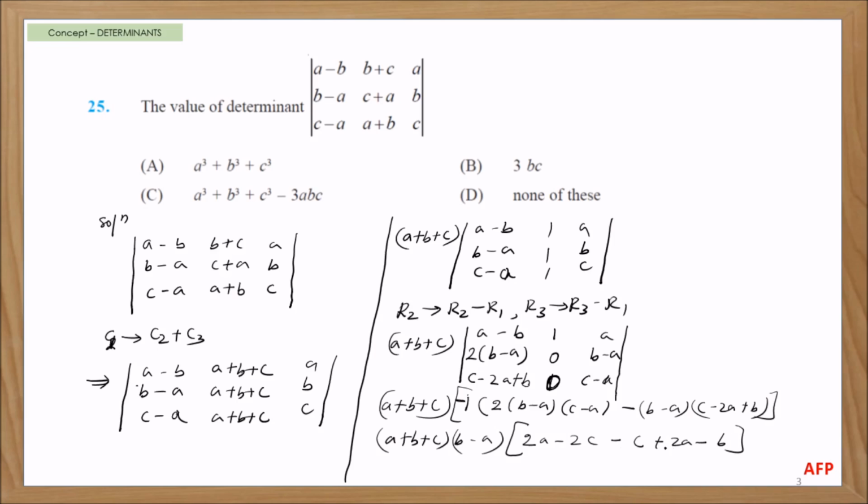This implies a plus b plus c, 2a 2a 4a you will get, and minus b, minus c you will get. Is it clear? So this is what we got, and none of these is the answer.